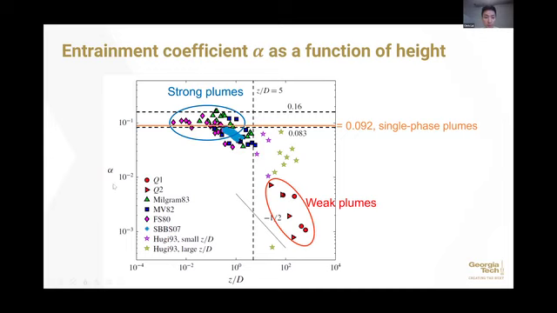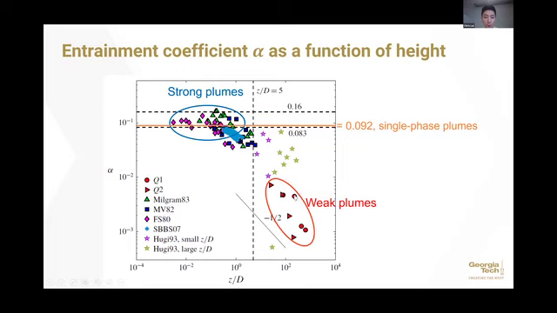What you're seeing here is the entrainment coefficient as a function of the normalized vertical height, z over D. For strong plumes, there are some variations, but they are on the order of about 0.1. The variation is that as your z goes higher, there's a tendency for it to drop, but it is in the ballpark of about 0.1.